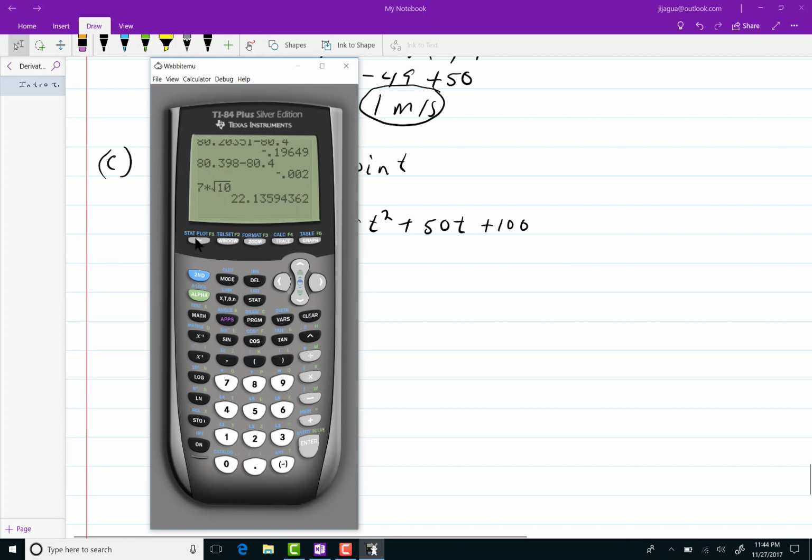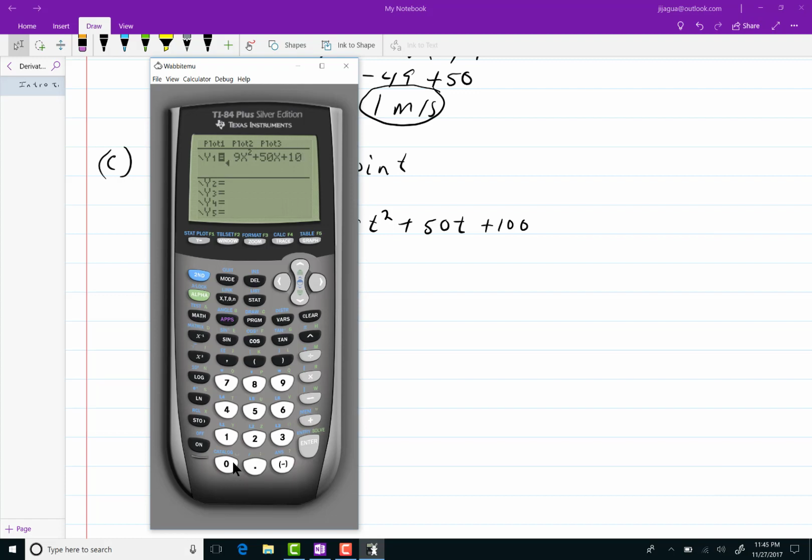And let me go into y equals, negative 4.9x squared. Remember, you got to use x instead of t. So I have plus 50x plus 100.